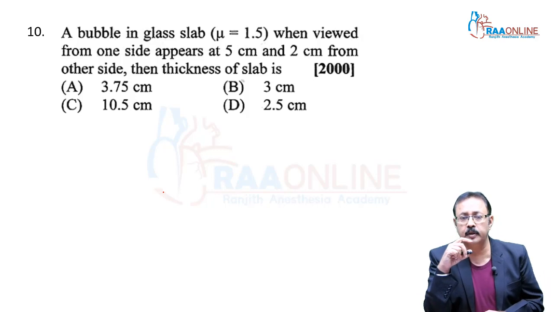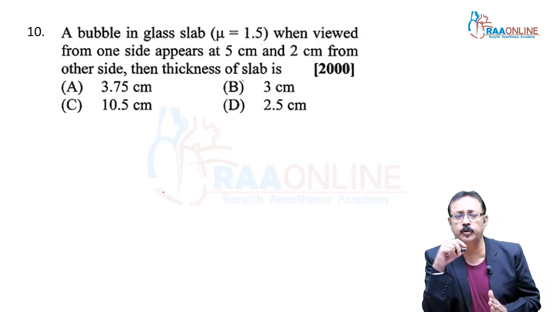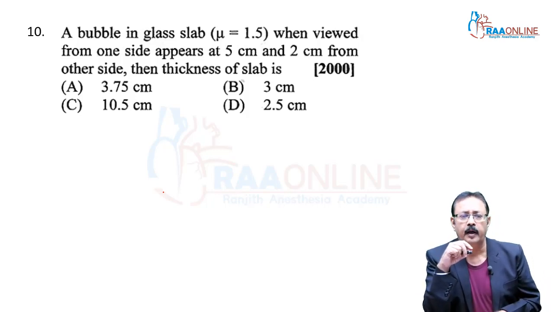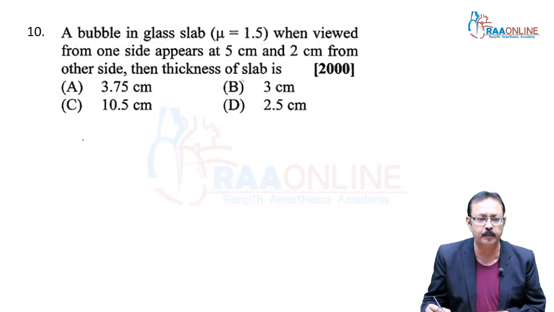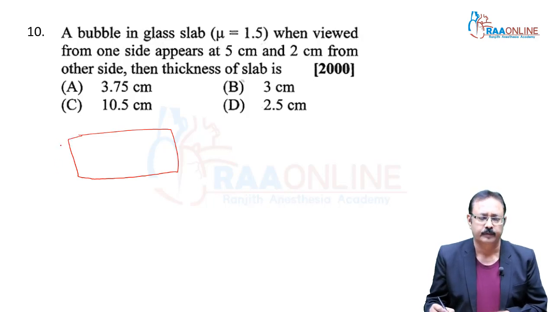It is the 10th problem, which is from 2000 AIPMT. A bubble in a glass slab, when viewed from one side, appears 5 cm, from another side 2 cm. Actual thickness of the slab is? It is an air bubble in a glass slab.